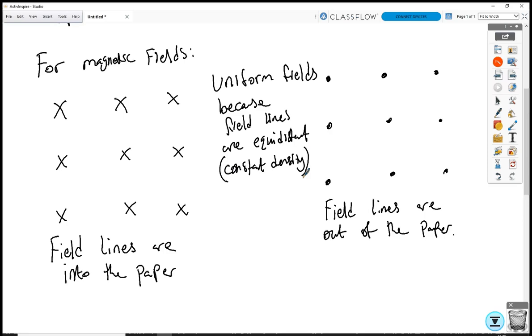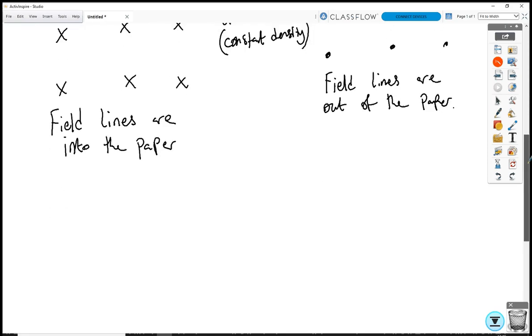Now this is going to start to make a lot more sense as we get into the equations for magnetic fields. But each of these field lines are called flux. So the field lines are called flux.